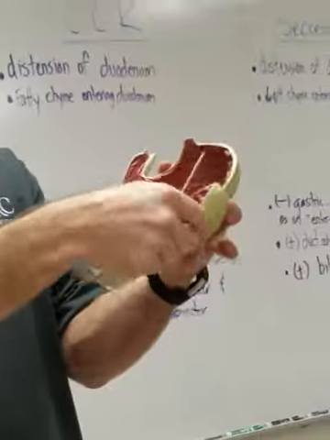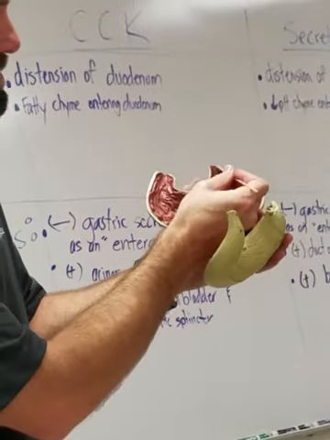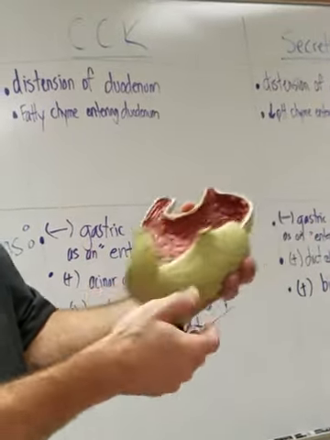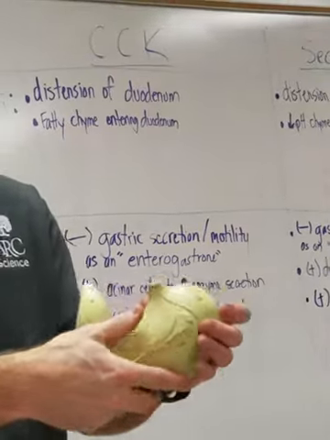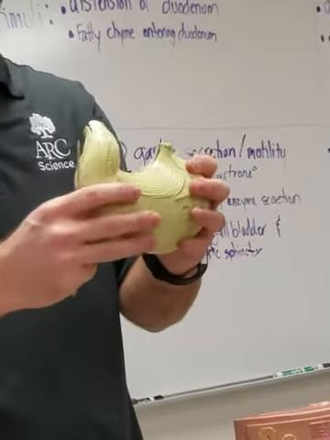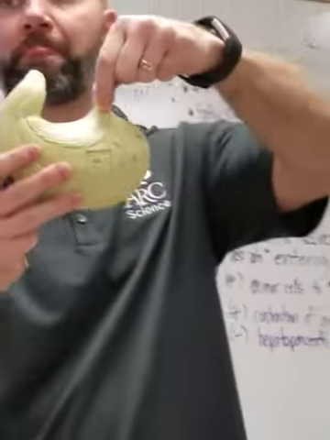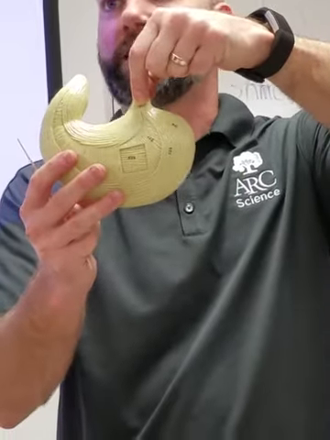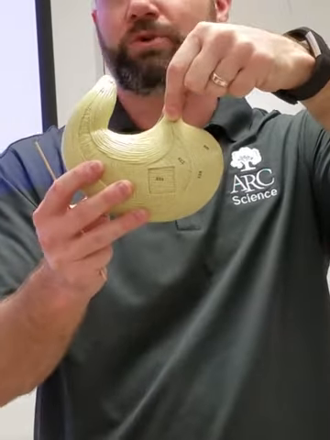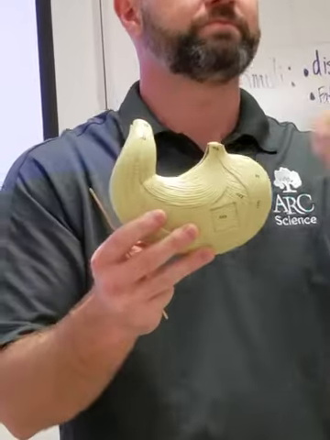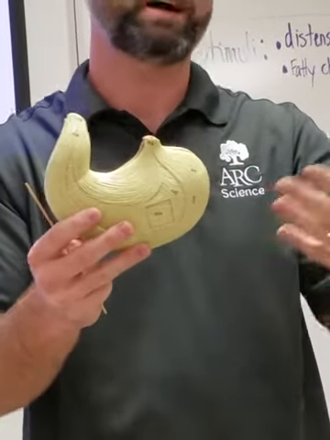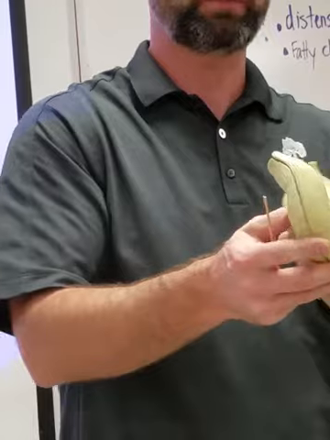If you look here, you don't see much of a sphincter at all. It's very ineffective as a sphincter or valve. But what do we call it? Gastroesophageal. Cardiac, gastroesophageal, cardioesophageal, or lower esophageal sphincter. Although it's not really a strong sphincter at all.